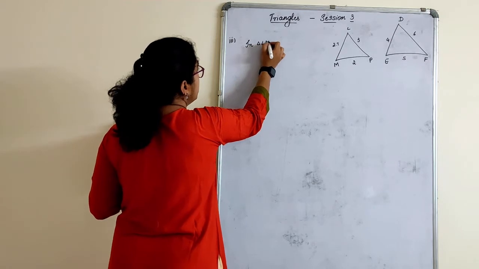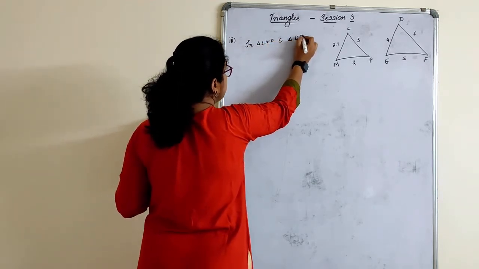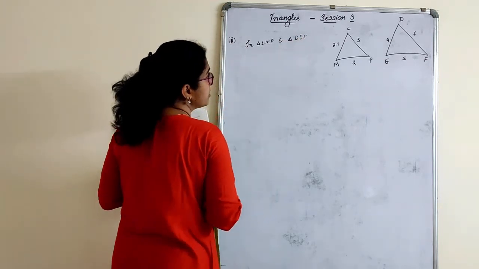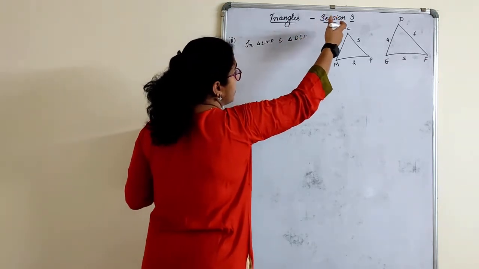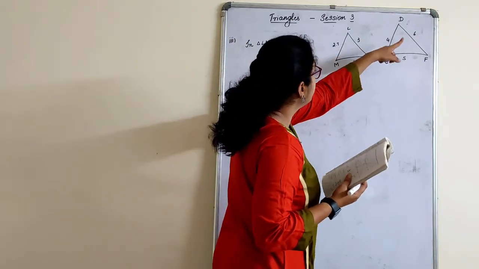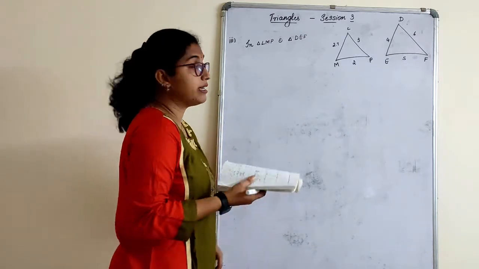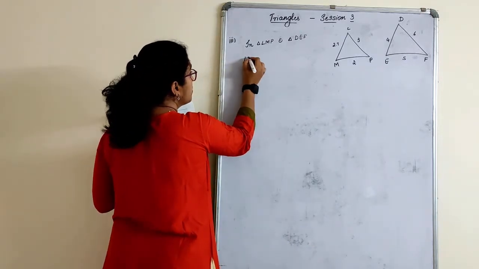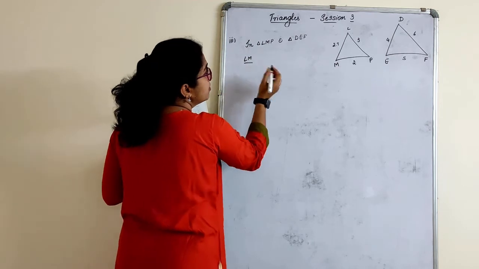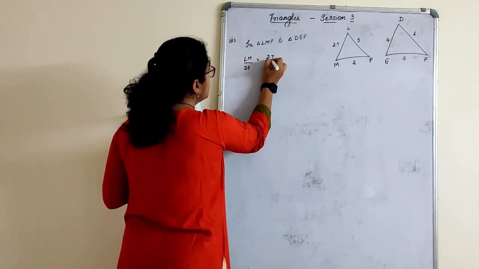In triangle LMP and triangle DEF, find the proportional sides if you want. So we will compare now the given sides. See here, children, even if you compare this to this and this to this, all will be different only. It doesn't matter whichever sides you take and compare. So LM upon DE is equal to 2.7 by 4.